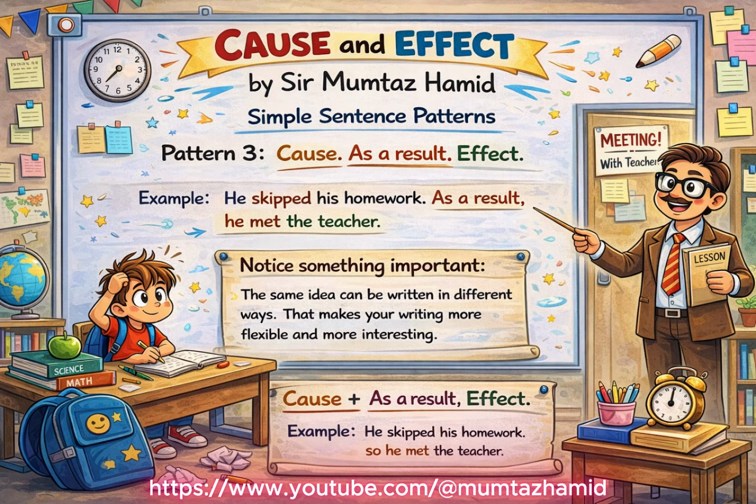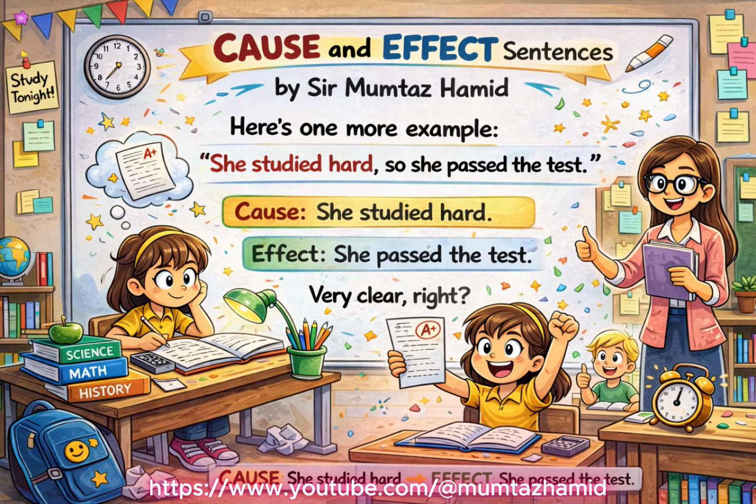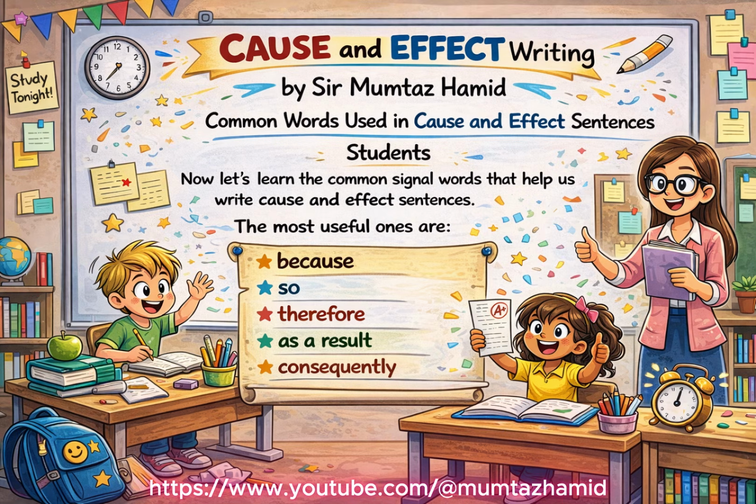This is how cause and effect works in daily life, in speaking and in writing. Here's one more example. She studied hard, so she passed the test. Cause: she studied hard. Effect: she passed the test. Very clear, right?